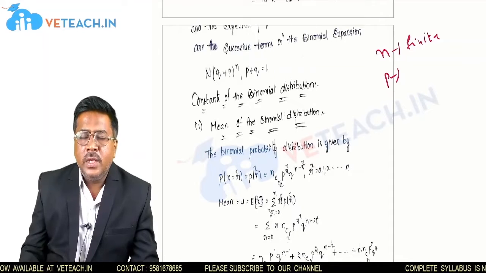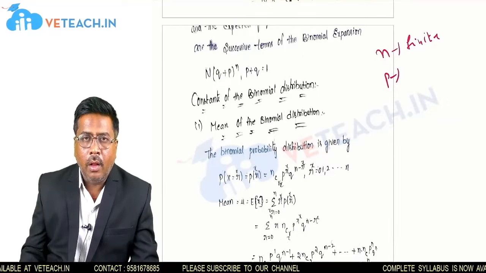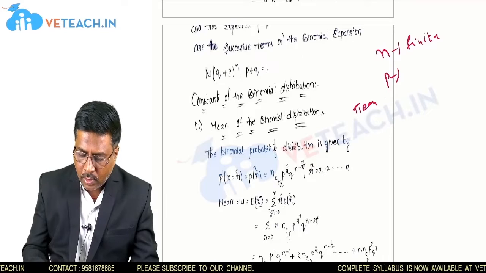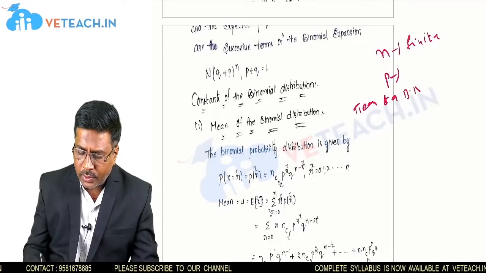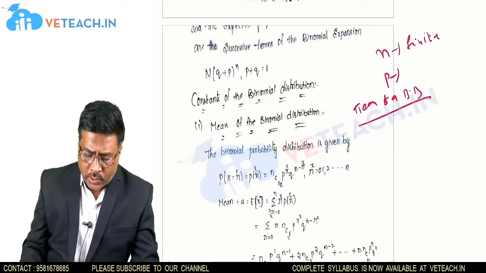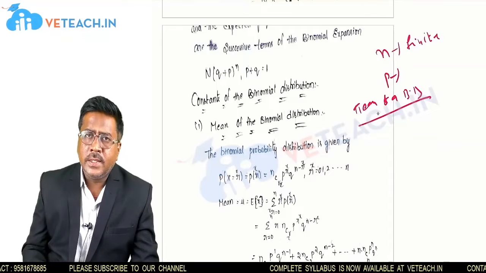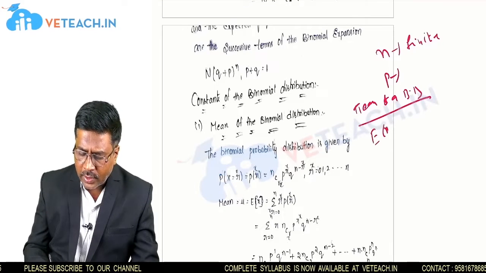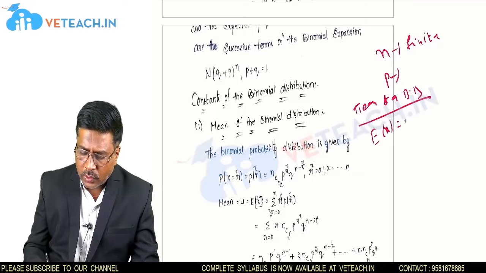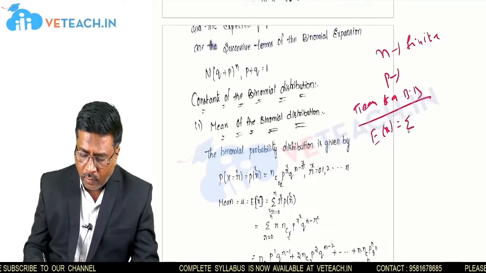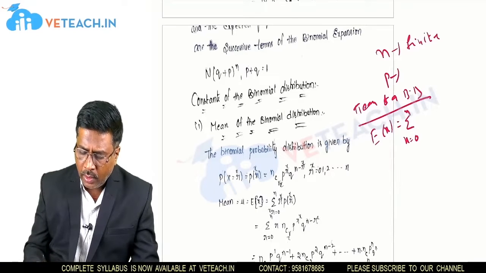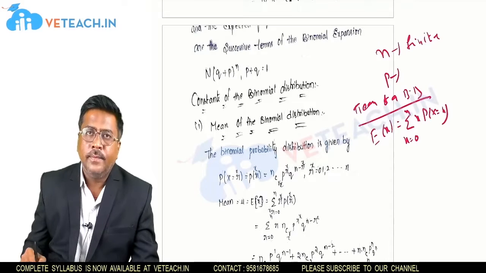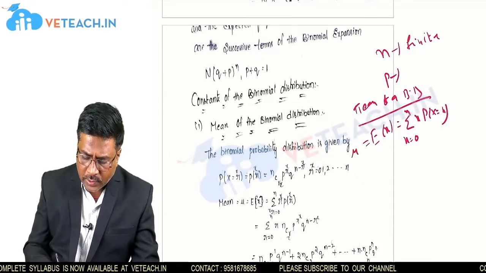Now, using this, derive a theorem on the binomial distribution, that is, the mean of a binomial distribution. What we call, as in my previous videos, the first moment: E of x is equal to sigma x equal to 0 to n of x into p of x, also called the mean of x.